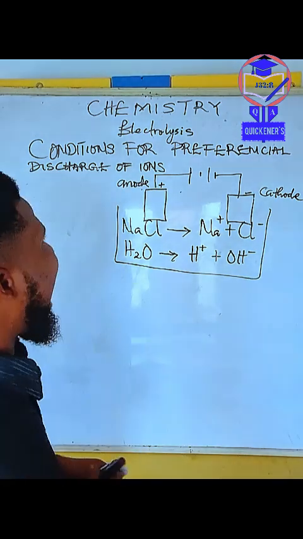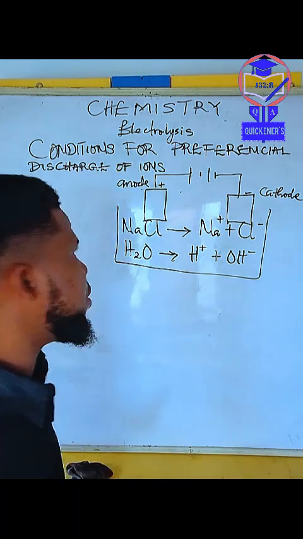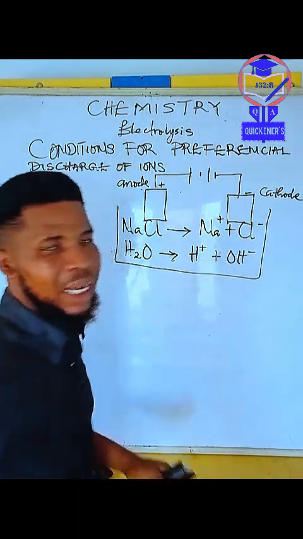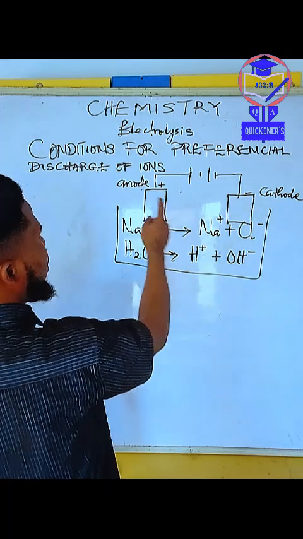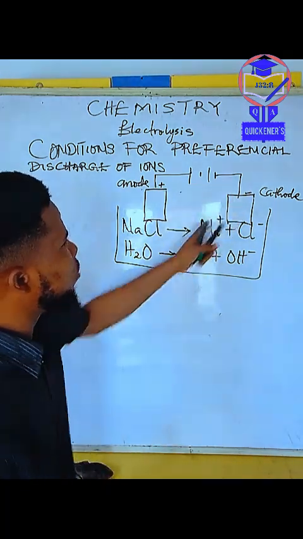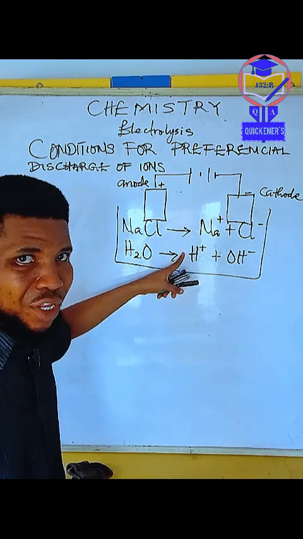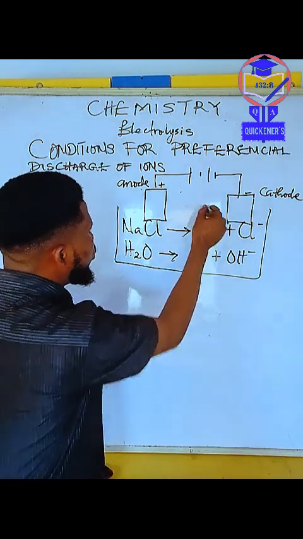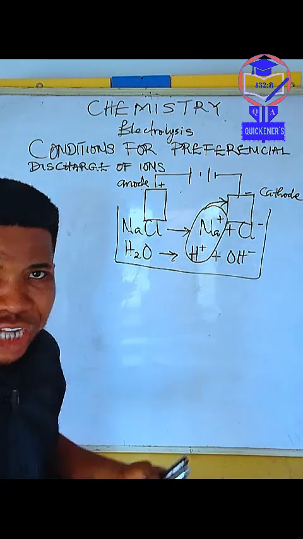Now, as they migrate, you have different ions: sodium ion, hydrogen ion, and you have chloride ion and hydroxide ion. Which of them will be discharged? If sodium and hydrogen both go to this electrode here, which of them will be discharged?